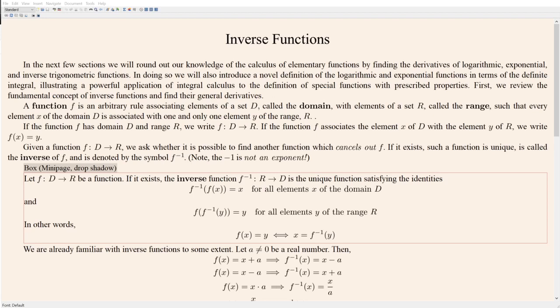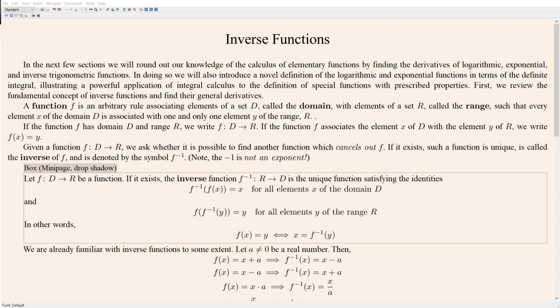So far, we have really only looked at the calculus of polynomials and maybe rational functions. Things that can be built from the power functions and basic arithmetic.